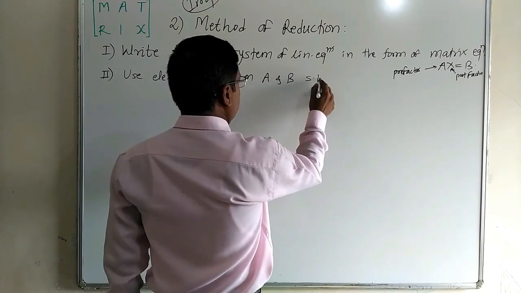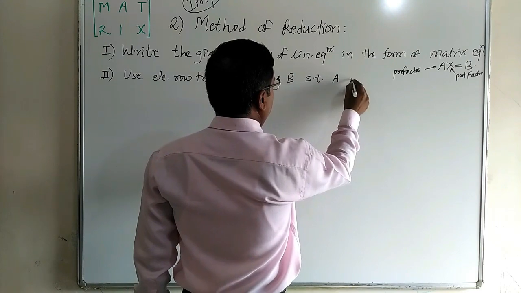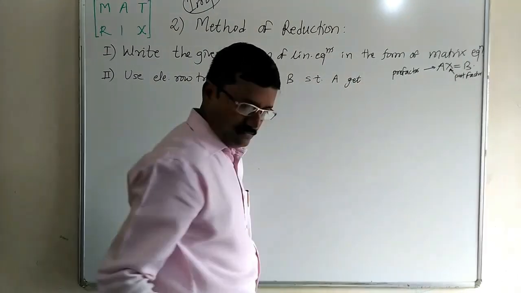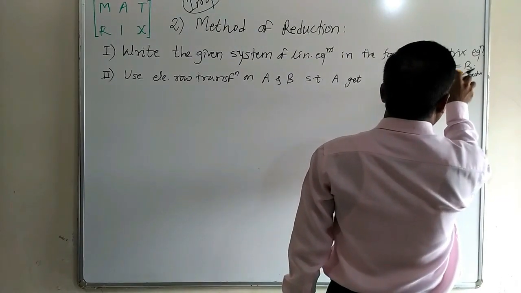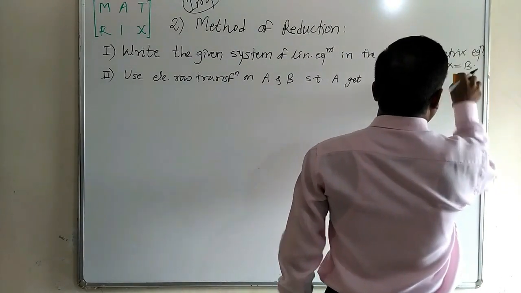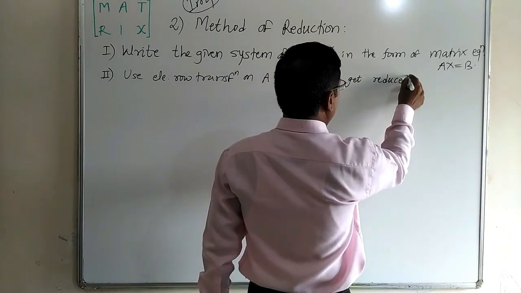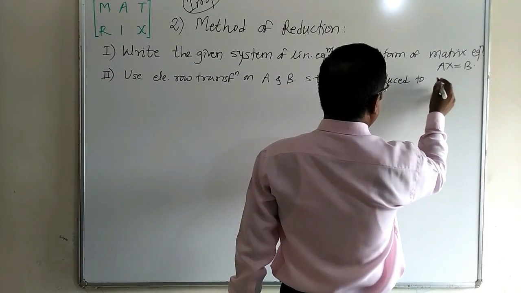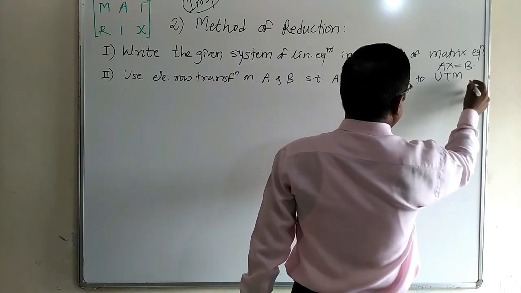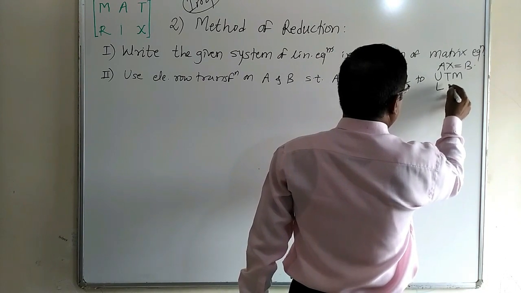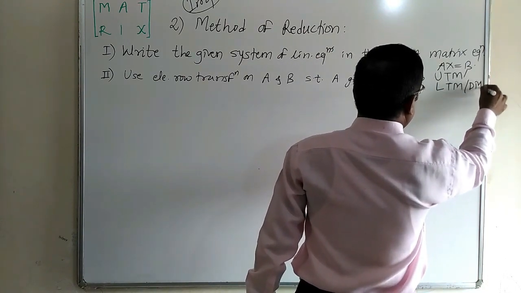such that matrix A gets reduced to either upper triangular matrix or lower triangular matrix or diagonal matrix.